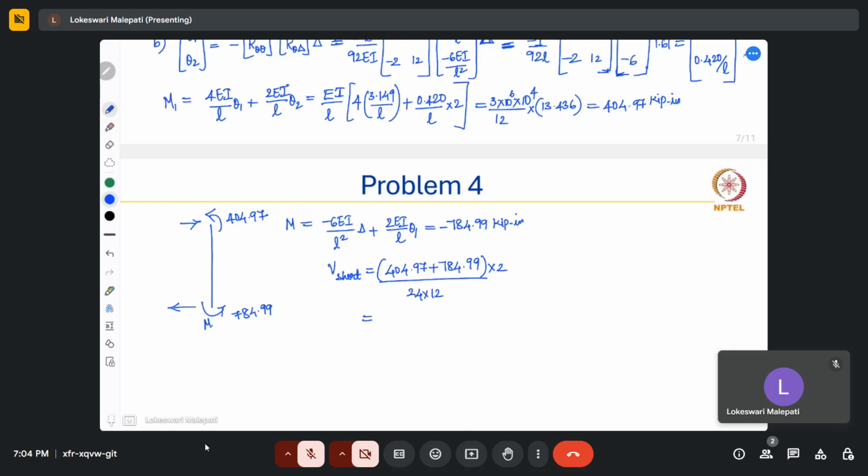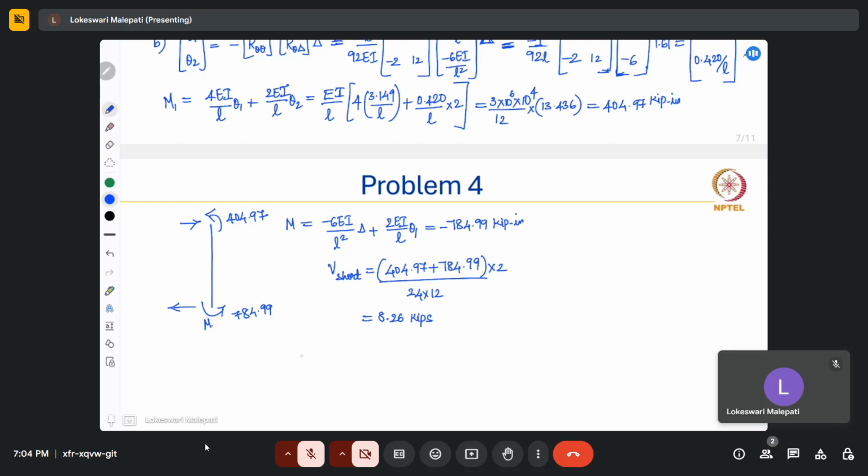Because the length of the column is L by 2, that would be 24. So 2 goes up. So now we have the V short. The shear force in the short column would be 8.26 kips.